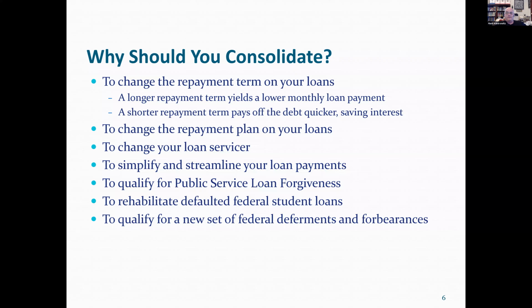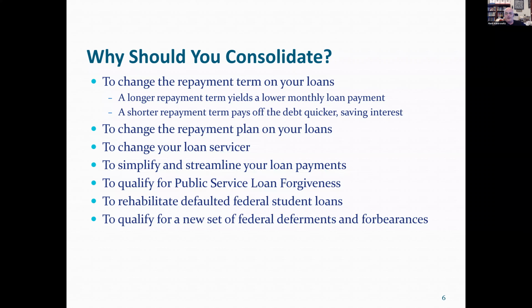Now, the federal consolidation loans offer extended repayment plans, but there are two different types of extended repayment plans. With consolidation, your repayment term is based on the total amount of debt. It can be 10, 12, 15, 20, 25, or 30 years.